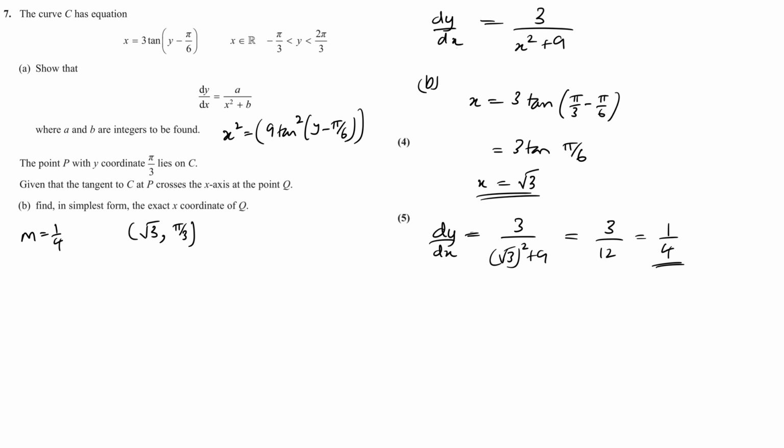So what I'm going to do now is find the equation of this line, and then when it hits the y-axis, isn't it? Oh no, it crosses the x-axis. So this is when y equals 0 then. So let's do this. So y minus pi by 3 equals 1/4 of x minus root 3.